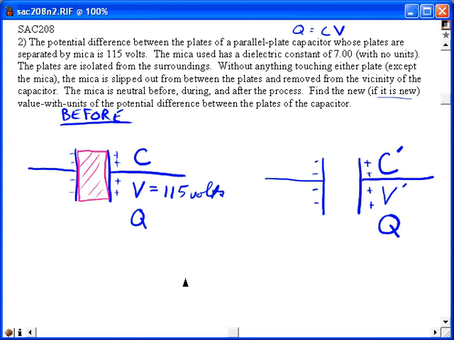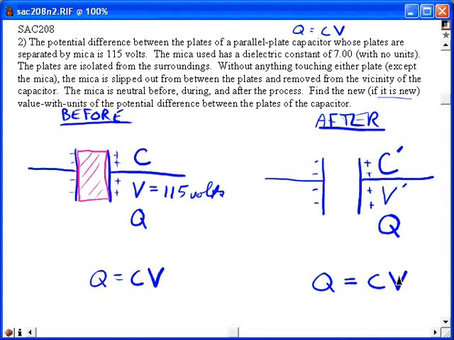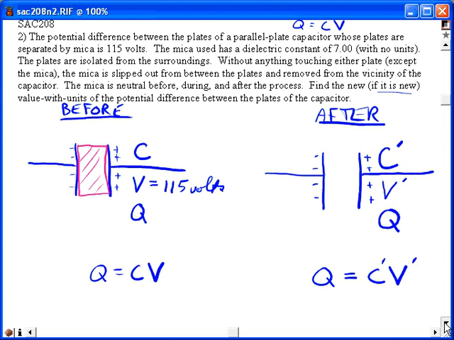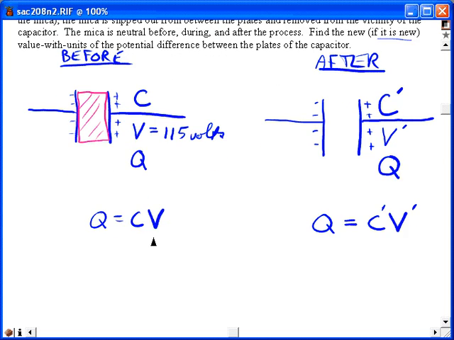Let's try starting with our equation for capacitance. Q is equal to CV. I'll write that down once for the before picture. That's the defining equation for the capacitance. And write it again in the case of the after picture, recognizing that I've got the same Q but a different C and a different V. So I'll call it C prime and V prime, but use the same symbol, Q, for the charge.